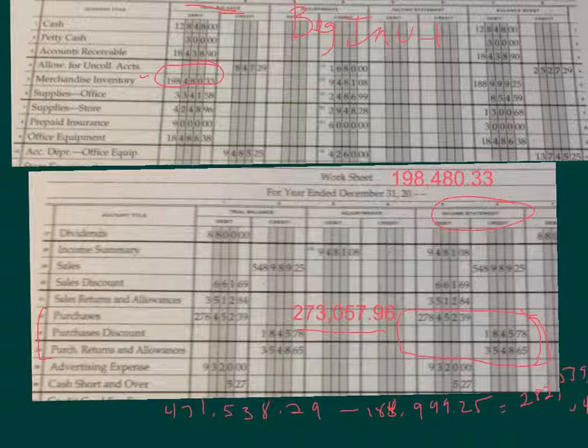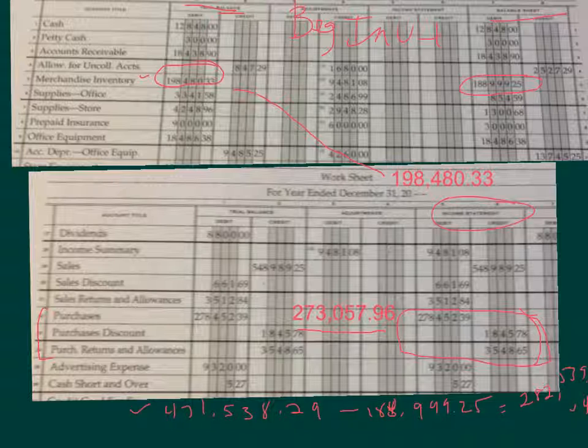Remember, we had our beginning inventory of $198,480.33. So our merchandise available for sale is $471,538.29. The last step is to take our ending inventory, and our ending inventory again shows up on our balance sheet, which is $188,999.25.